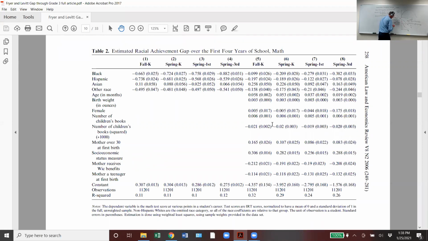If you look at the table closely, it's really minus 0.00021, and the standard error is 0.000002. That's often the case when you have a quadratic because you're squaring variables.